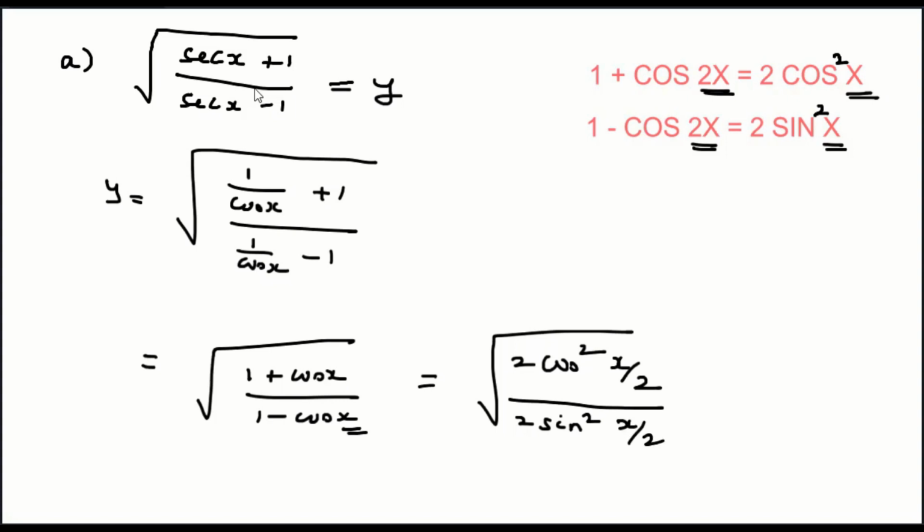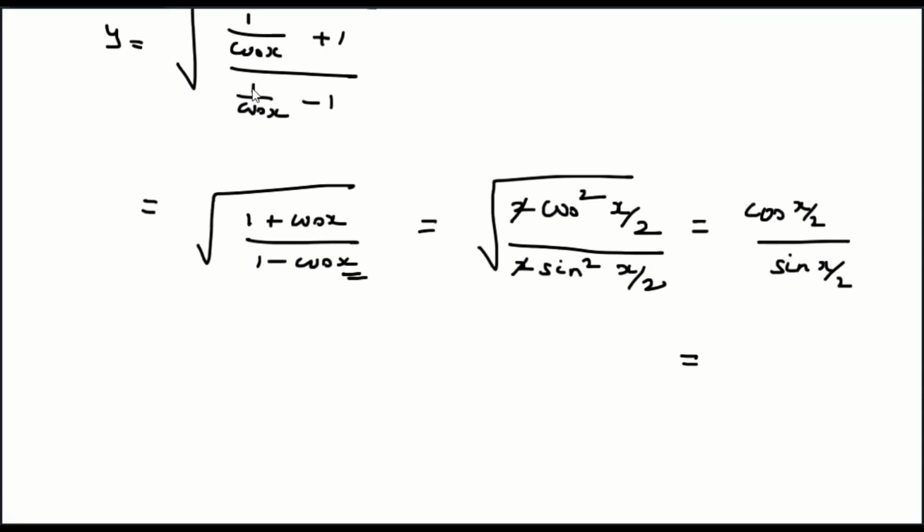So it is x by 2. 2 and 2 getting cancelled. Square and root getting cancelled. So I get cos x by 2 by sin x by 2, right? Which can be written as root cot x by 2.